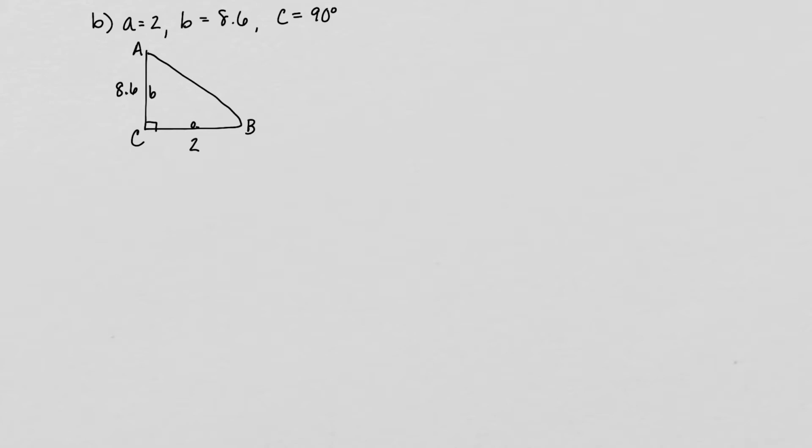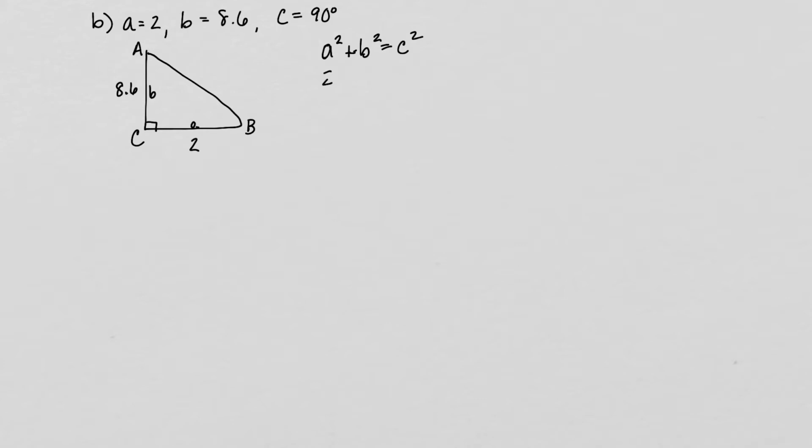Okay, so if we want to find side AB, since I happen to know the other two sides, what could I use here? Yeah, I can use the Pythagorean Theorem. The Pythagorean Theorem says a squared plus b squared equals c squared, right?